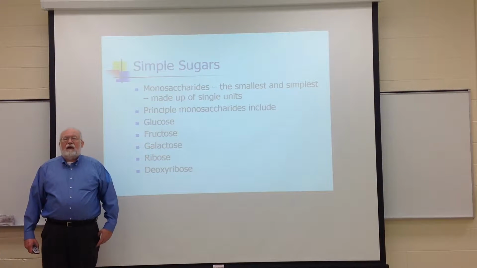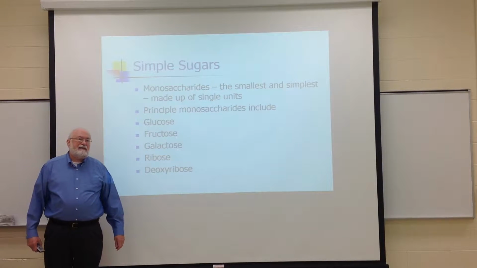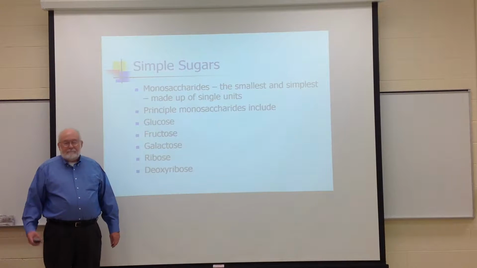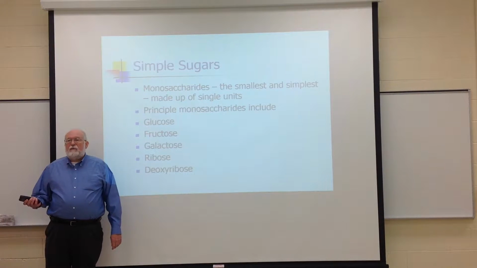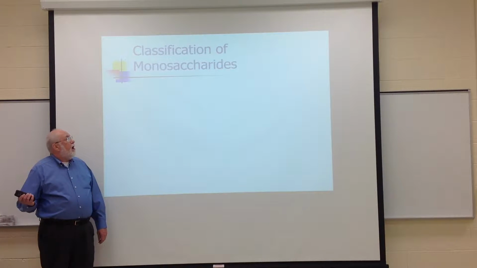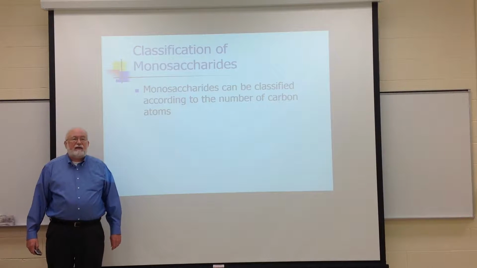All right, now, there are a couple of ways then to classify them, or as I like to say, slice and dice. So, let's take a look at that. One way that you can classify these monosaccharides is according to the number of carbon atoms which they contain.